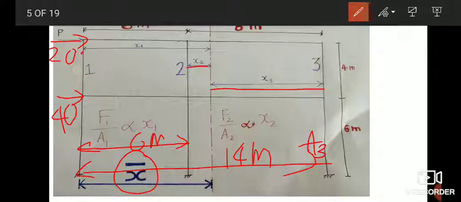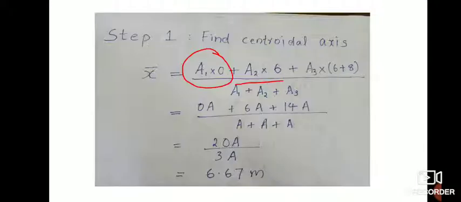So A3 into 14. That is A1 into its distance from the left end, A2 into its distance, and A3 into its distance, divided by A1 plus A2 plus A3. So we can solve it: 0A plus 6A plus 14A divided by 3A, as the areas are equal here. Area is given as equal, so you can substitute A and get the distance x bar as 6.67 meters.